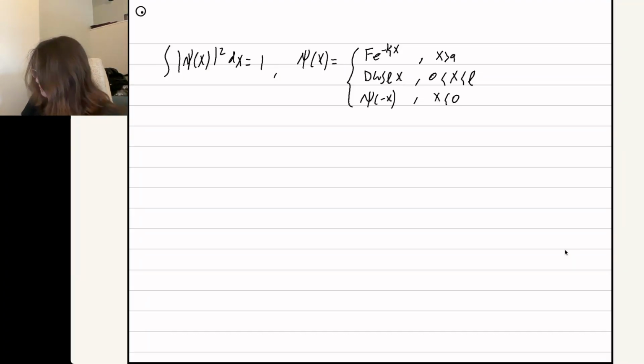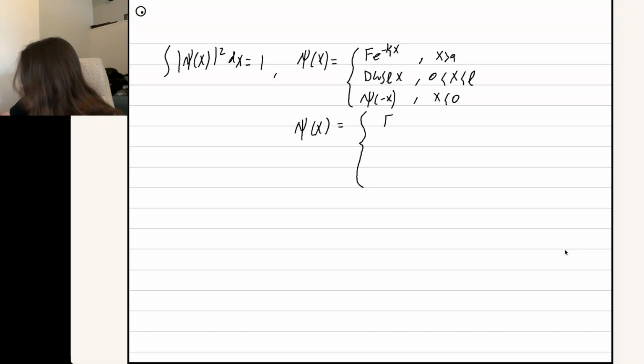And, just to be completely transparent, I'm going to extend this to make it a little bit more verbose and say that this is the same here, x greater than a. This is d cosine Lx for 0 less than x less than a. Or not, that shouldn't be L, that should be a. Got him.